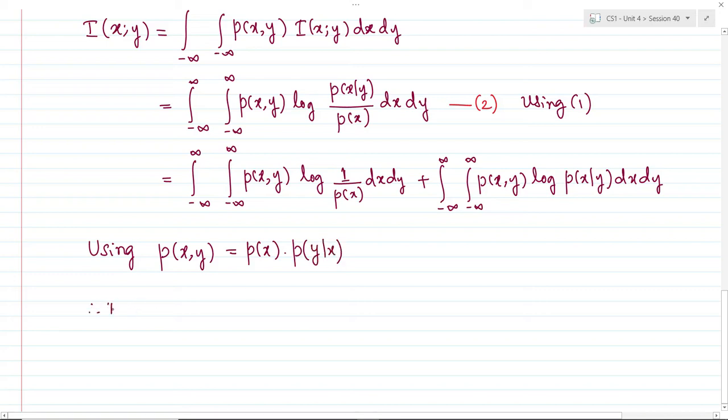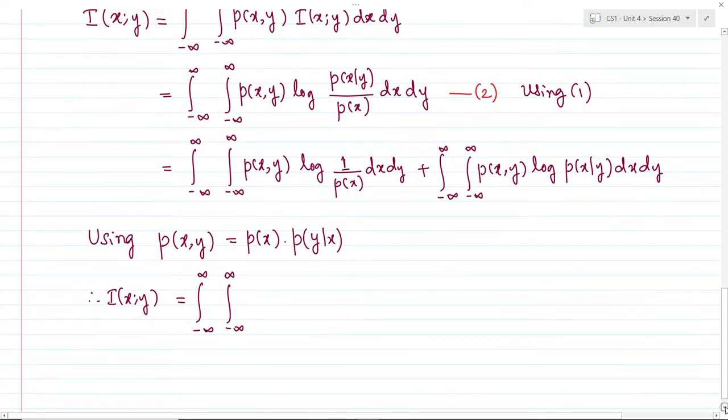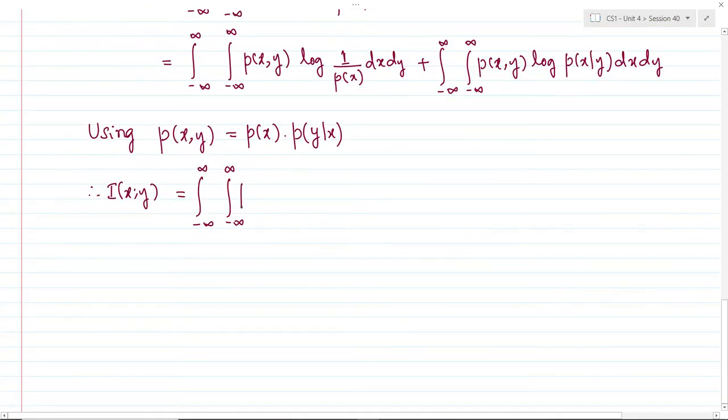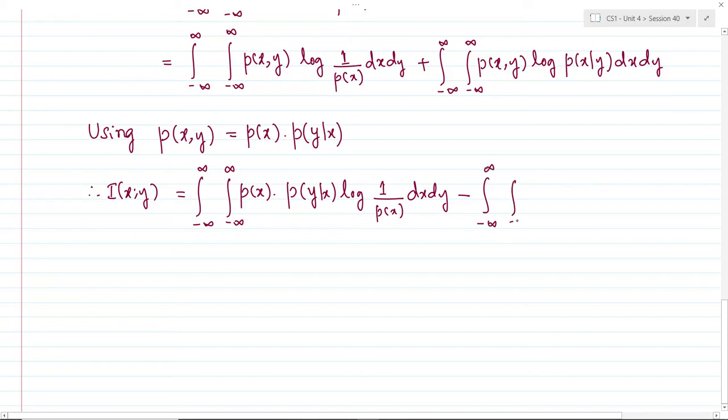So the average amount of information transmitted over a noisy channel would be represented as probability of x y given x, log of 1 over px dx dy, and this term I can write with a negative sign, minus infinity to infinity PDF P of xy, and the minus term can be compensated by taking this into the denominator.